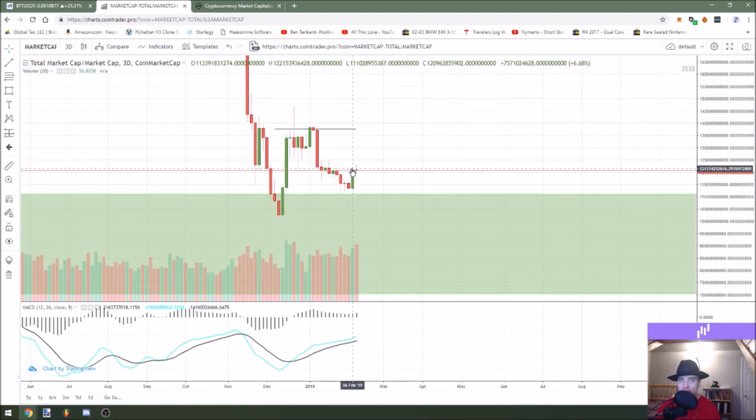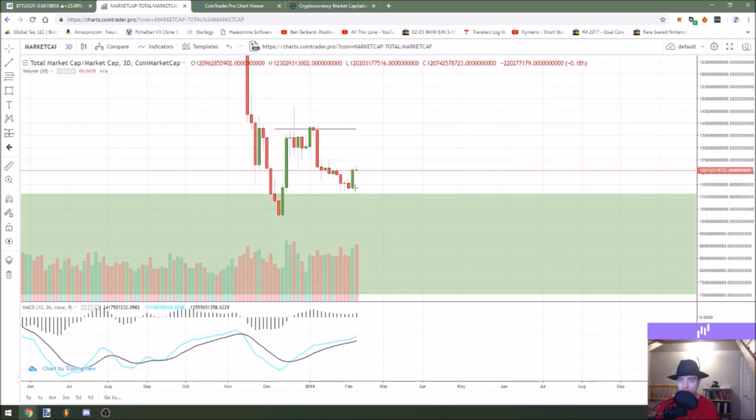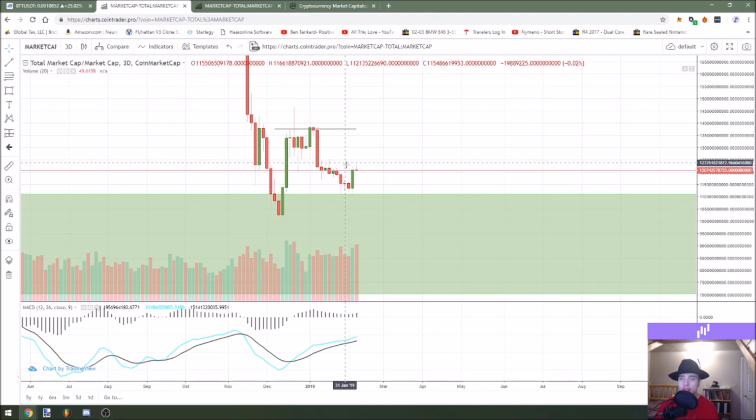When this bounce happened, we did see some good action across the board in the crypto markets. So it would make sense that it's dying down a little bit because the majority of the move already happened. Bitcoin went up 11% from the low and 8% in the 24-hour change that day. And we saw Litecoin up over 30% from this move. So it brought a lot of gains into the crypto space just off that little bounce.